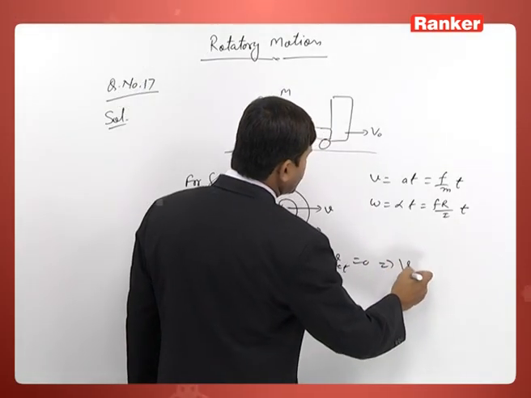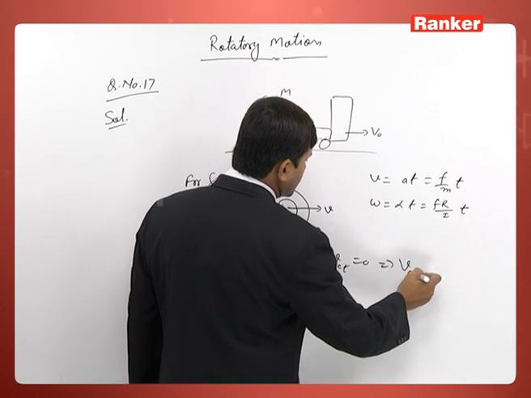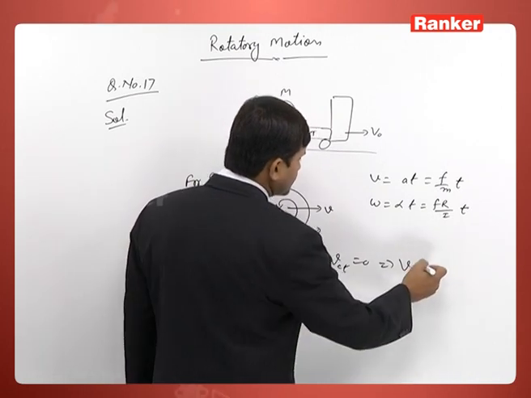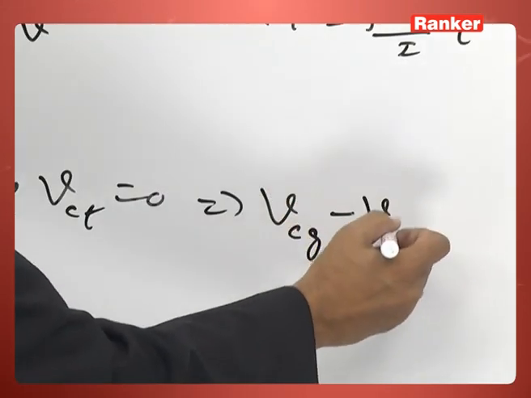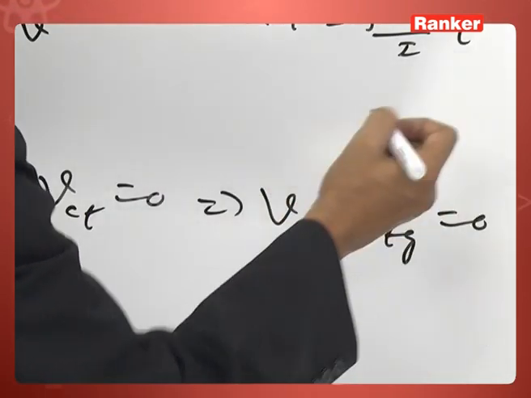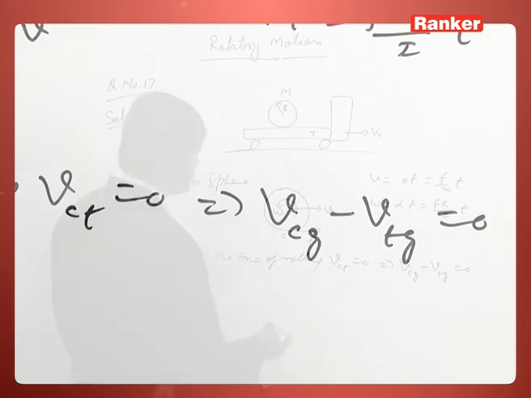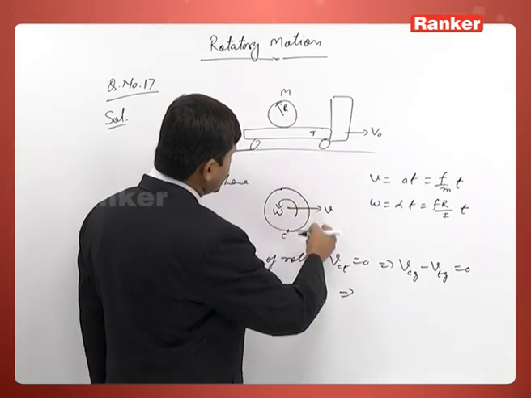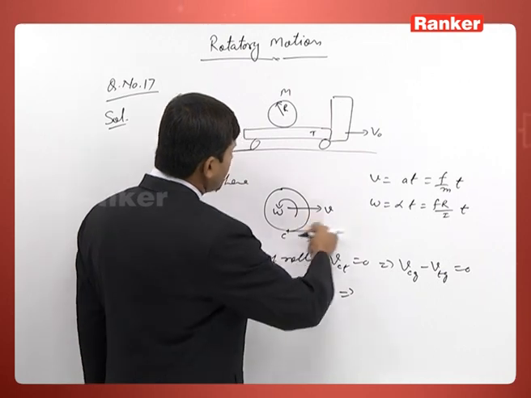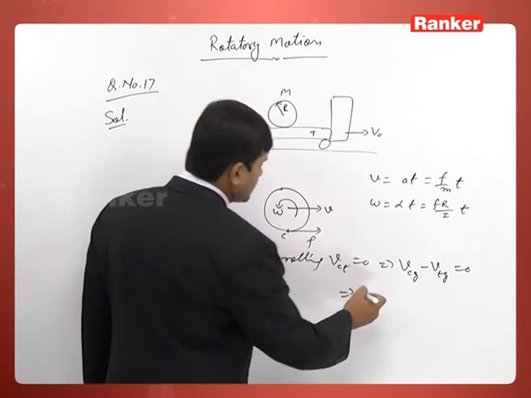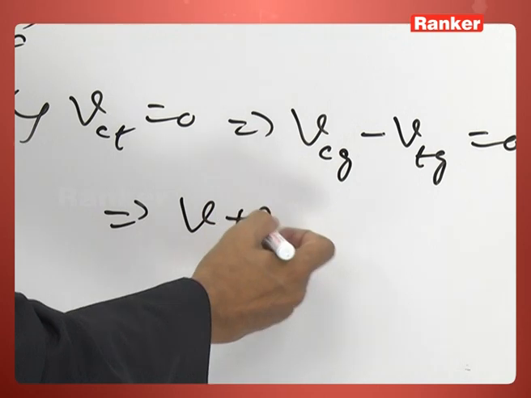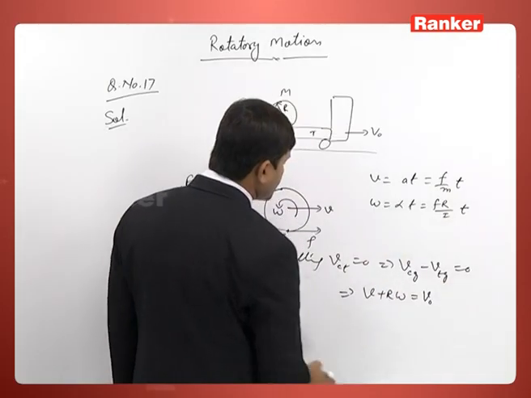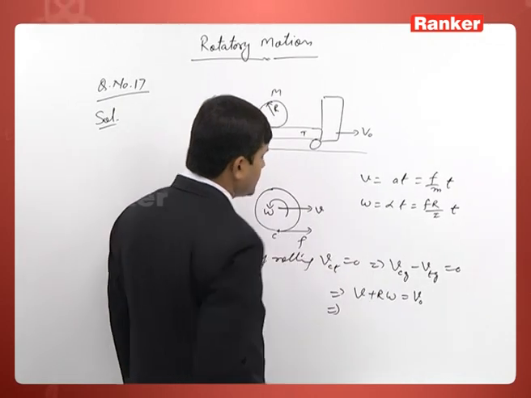The velocity of contact with respect to ground minus the velocity of the truck with respect to ground should be 0. See here, as omega is in this direction, v is also in the same direction. So v plus R omega must be equal to V naught.